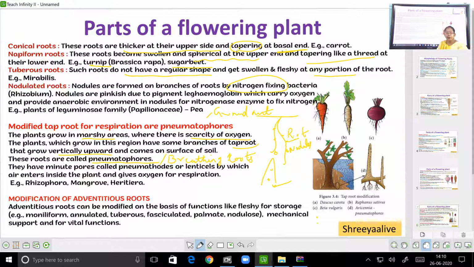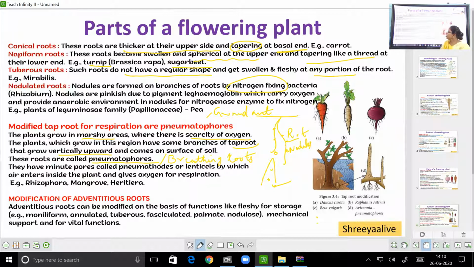The main function of these pores is the exchange of gases with the atmosphere, so it serves the purpose of respiration. Example, Rhizophora, Heritiera, etc.